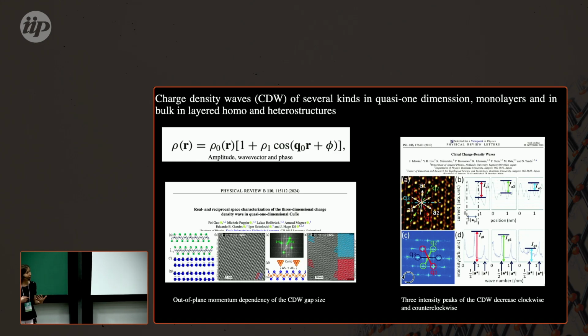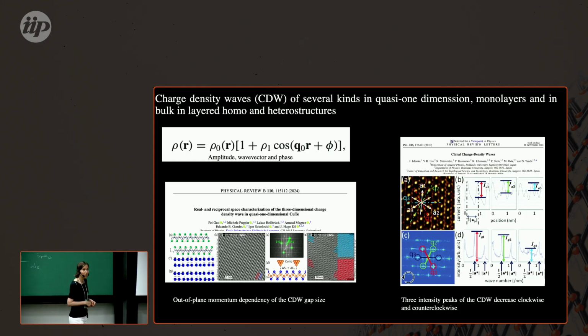Broken symmetry that arises in many cases is the periodic arrangement of the charge in this type of systems. So this is a periodic arrangement of a charge, which is characterized by an amplitude, a wave vector, and by a phase. You can find that the wave vector is very sensitive to these moire patterns.